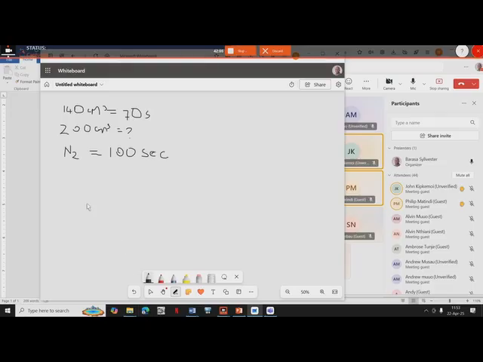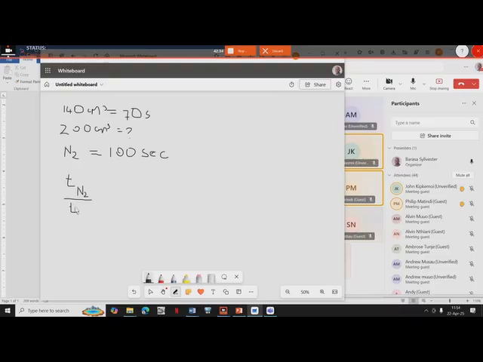So we cannot use 70 seconds. We are going to use 100 seconds because it is the time taken by equal volume of gases to diffuse. So now I'm going to use the formula of time and mass. So T1 over T2 is equal to the square root of mass 1 over mass 2.